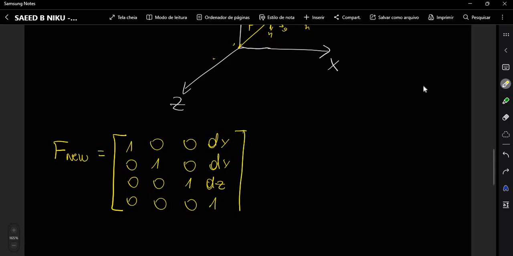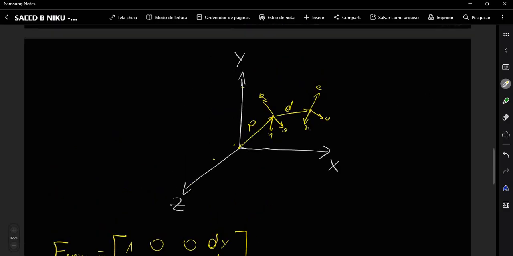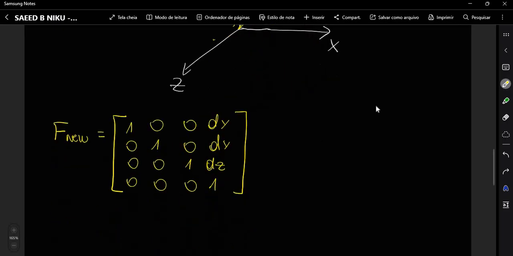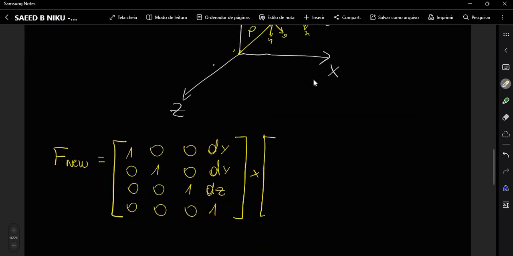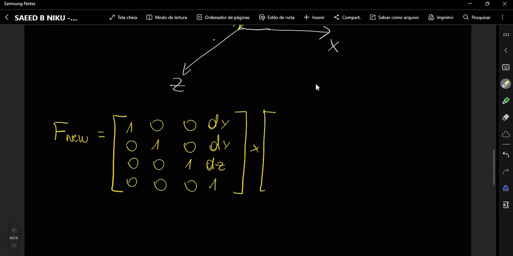And now we multiply the old one, this, by the new one, and we're going to have the final orientation and position of the rigid body or a vector.